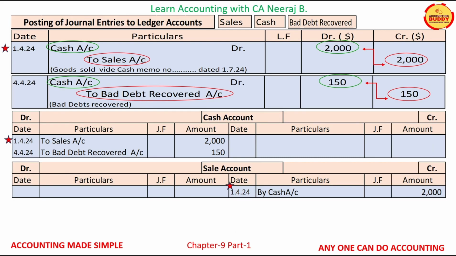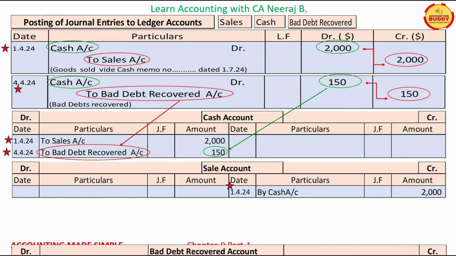Now in the second journal entry, cash account is debited with the amount of bad debts recovered. This entry will also be posted on the debit side of the cash account with $150 by writing the words "to bad debts recovered account". The entry is posted on 4th of April 24, which is the date of the transaction.